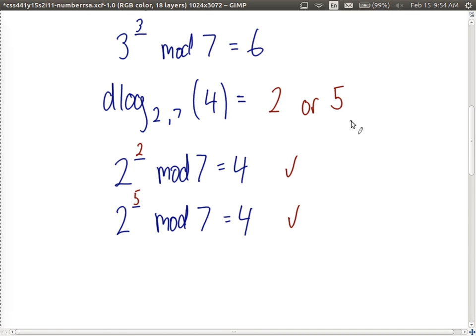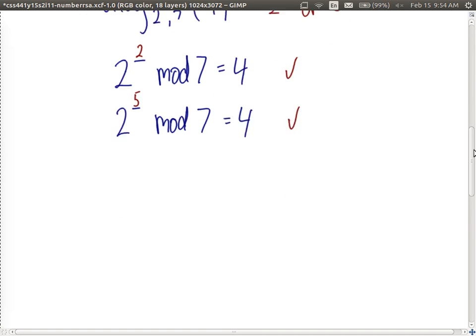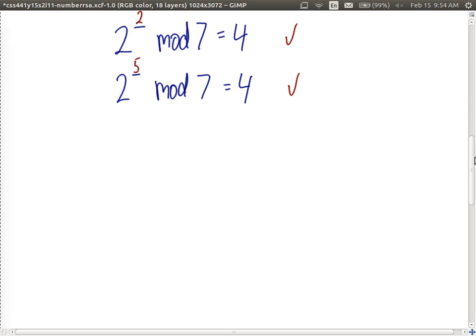Under what cases do we get a unique answer? Well, let's consider in our mod 7, and let's consider the possible answers. Let's continue with mod 7. Some integer raised to the power of some exponent i, mod 7. Let's look at the answers.